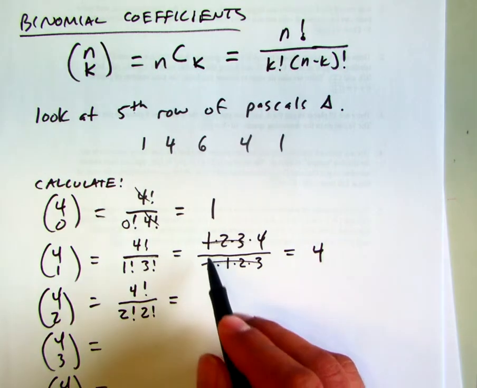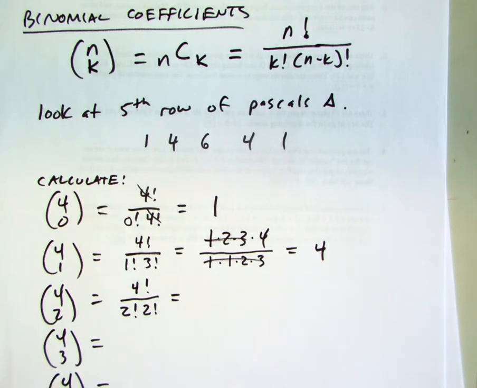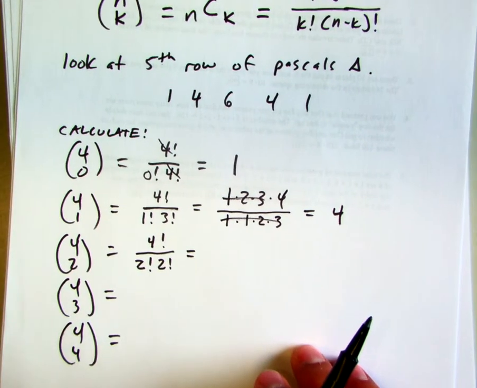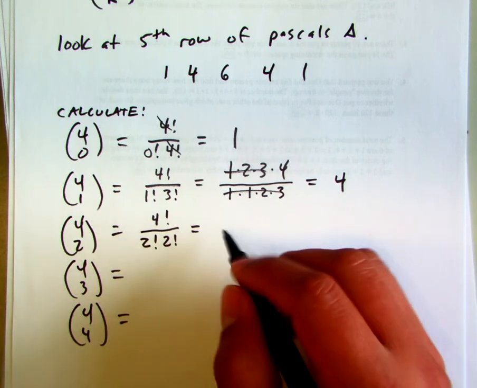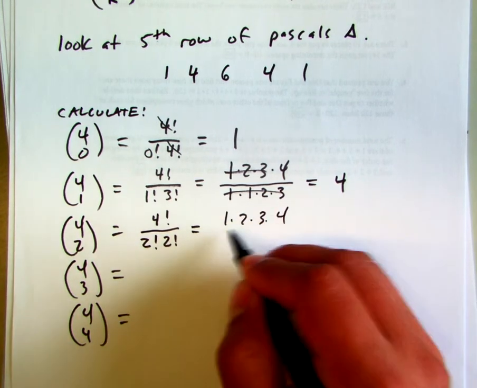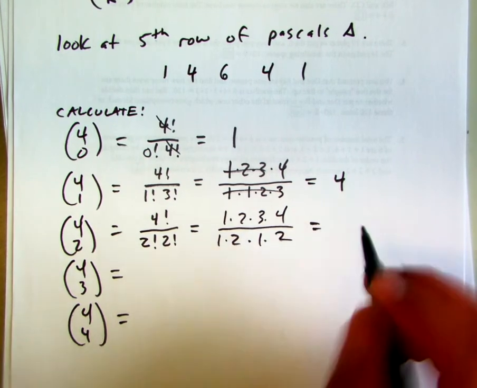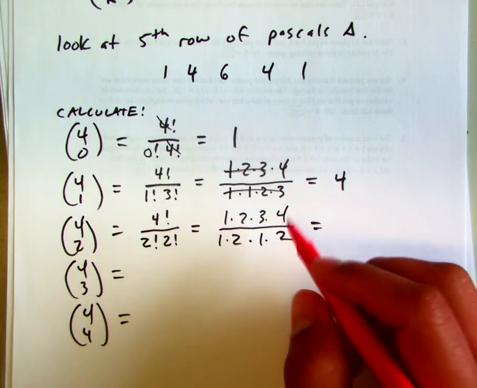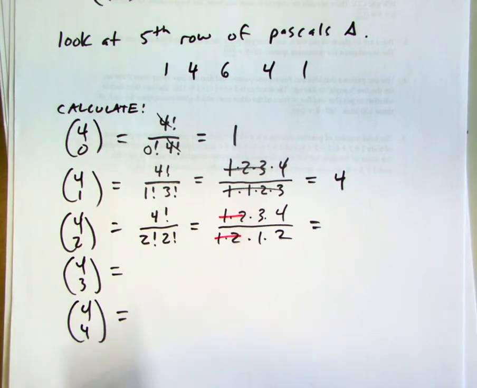Because anything divided by 1 or multiplied by 1 is still itself. So now we get 1, 2, 3, 4 over 1, 2, and 1, 2. You could figure it out all at once, or if you see that 1 and 2 cancel, we have 12 over 2, which is 6.